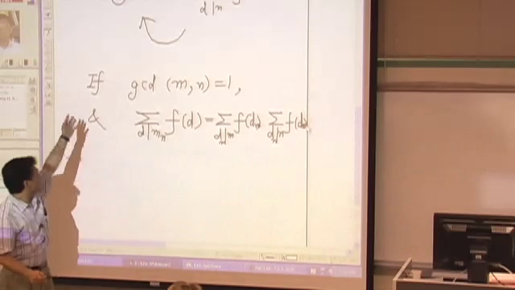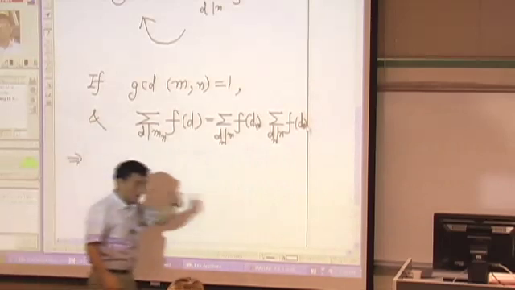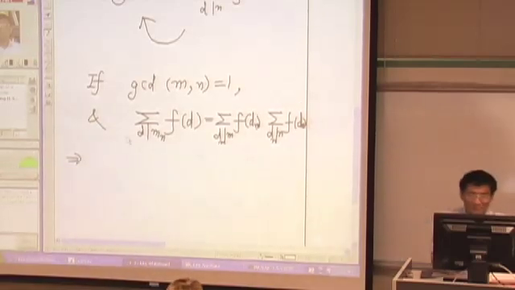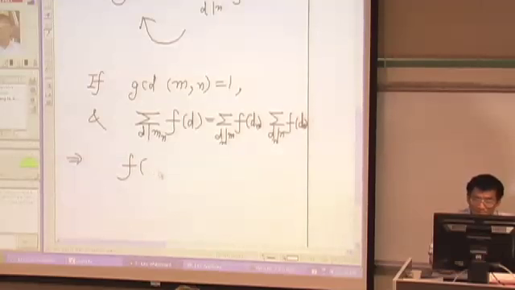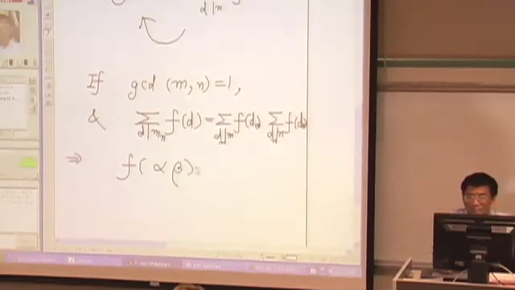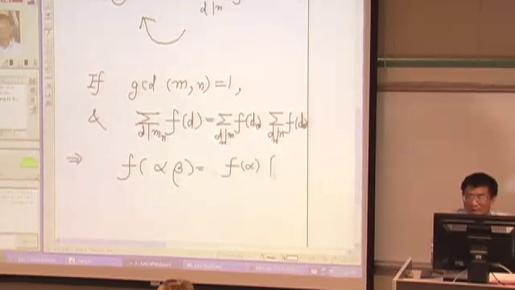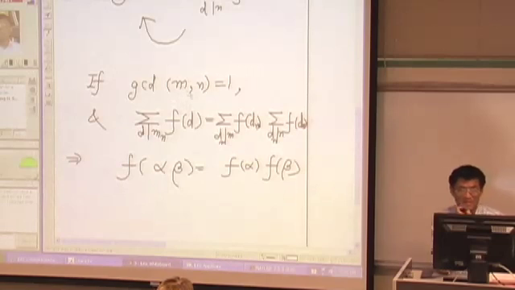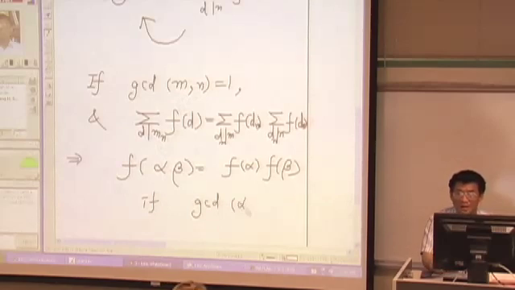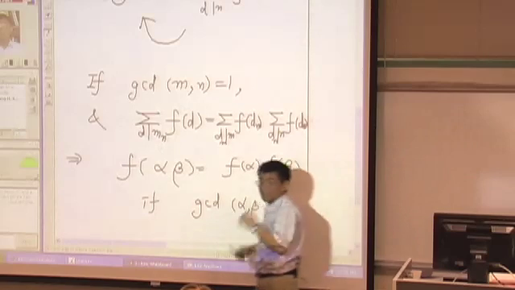In other words, if this happens, then what is the statement? I will use different letters. So f of alpha beta equals f of alpha times f of beta, if the GCD of alpha and beta is 1, right? Do you get it?